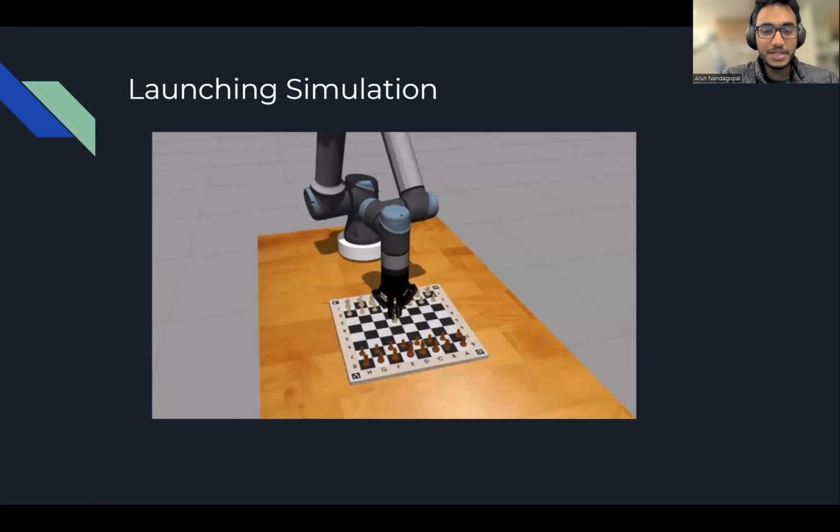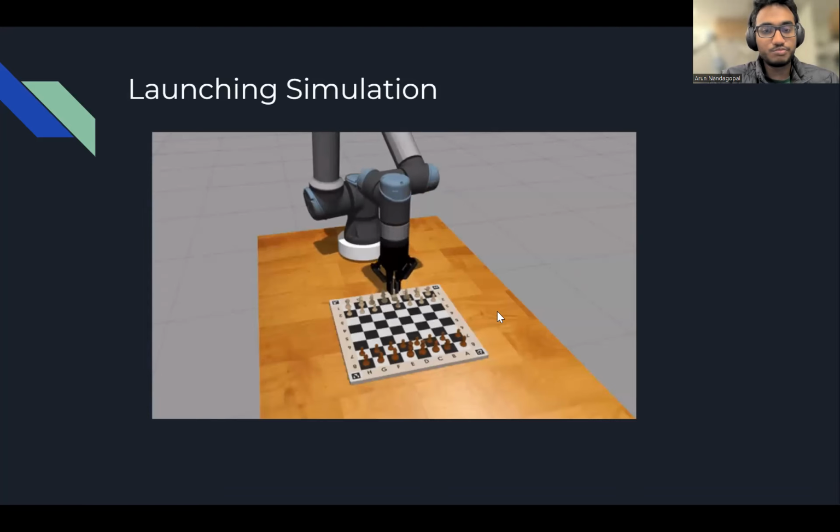So this is the simulation after changing the kinematic to 0 and then adding the grasping plugin. This would fix the piece to the gripper and then it will move it efficiently to our desired location.